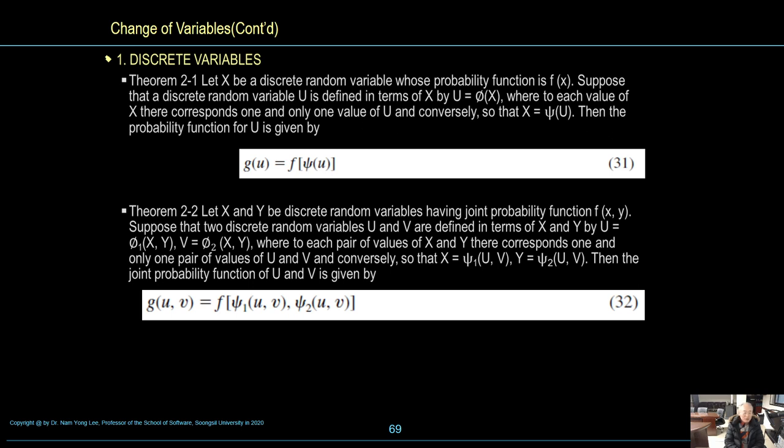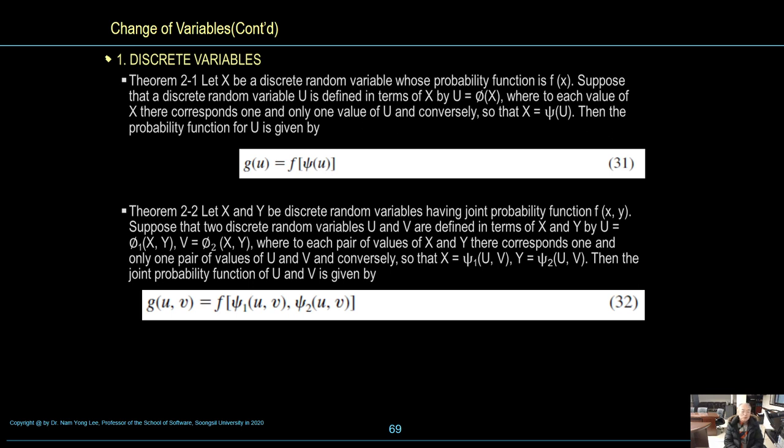Theorem 2-2. Let X and Y be discrete random variables having joint probability function f(x,y). Suppose that two discrete random variables U and V are defined in terms of X and Y by U = φ1(X,Y), V = φ2(X,Y), where to each pair of values of X and Y there correspond one and only one pair of values of U and V, and conversely, so that X = ψ1(U,V), Y = ψ2(U,V).